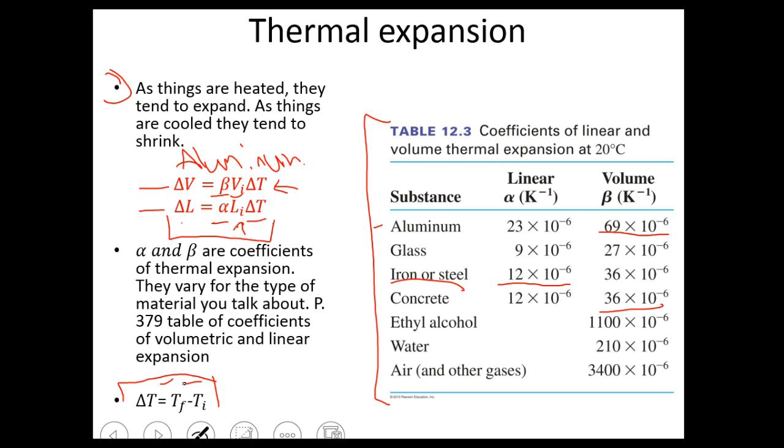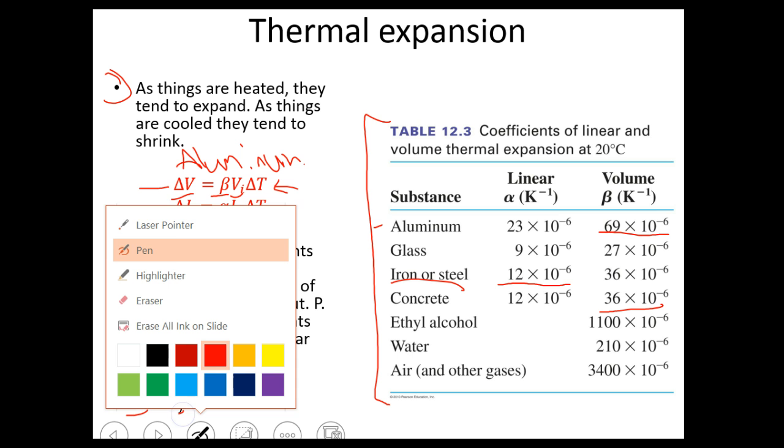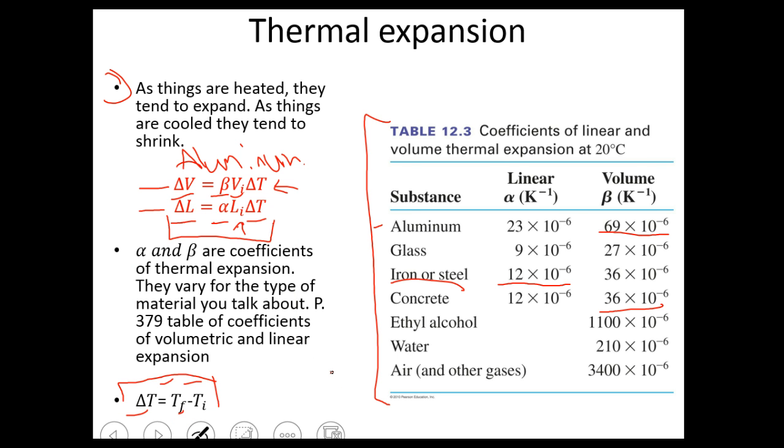If something is heating up, this value is going to be positive. But if something is cooling off, then that delta T is going to be negative, and we're going to ultimately see a shrink in linear length or the volume of that substance. And so just be really careful about what values you're plugging in for the final temperature and the initial temperature.